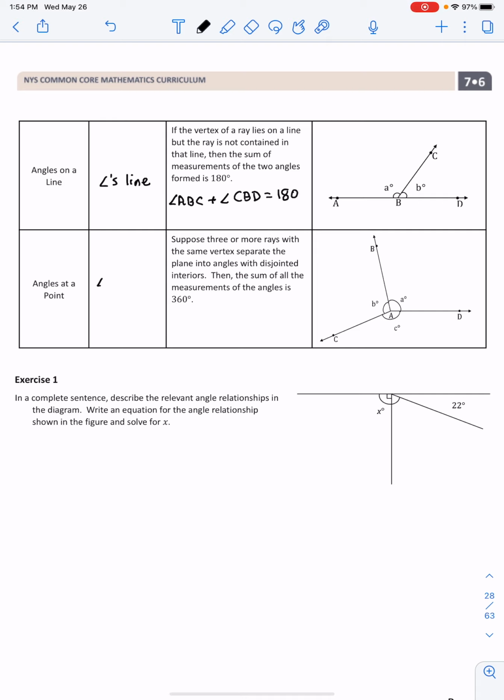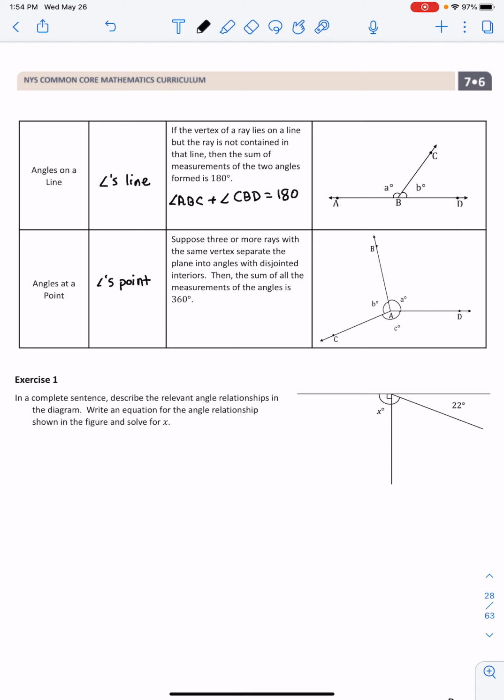Angles at a point, that's our abbreviation. It says suppose three or more rays with the same vertex separate the plane into angles with disjoint interiors. Then the sum of all of the measurements of the angles is 360 degrees.